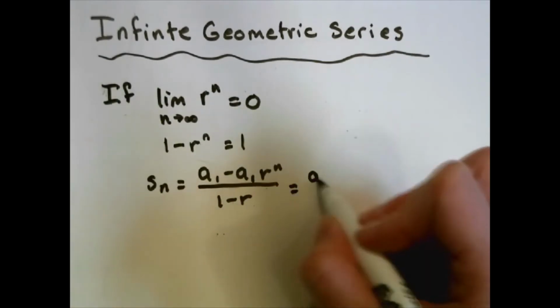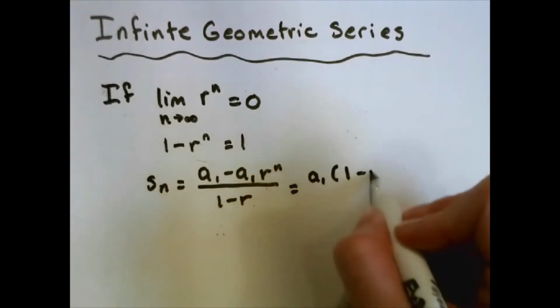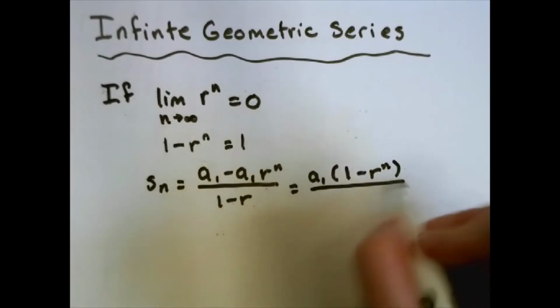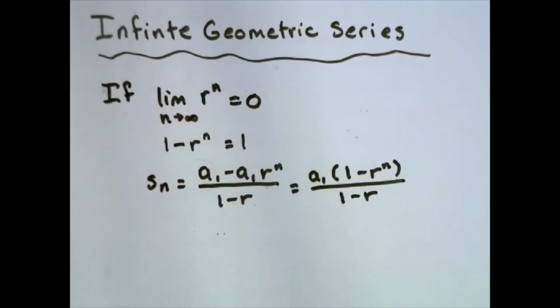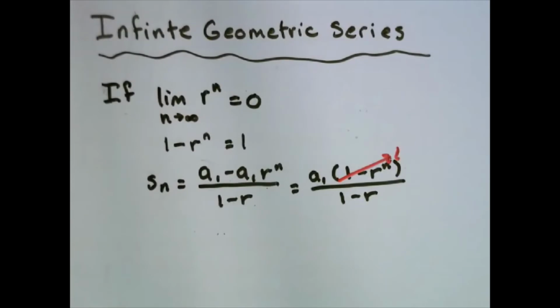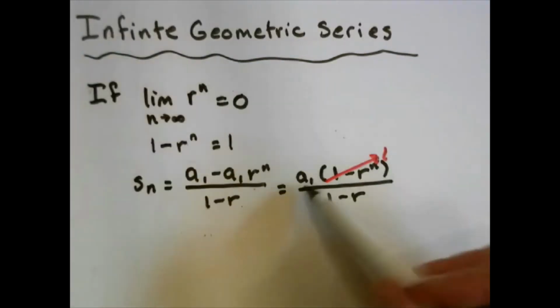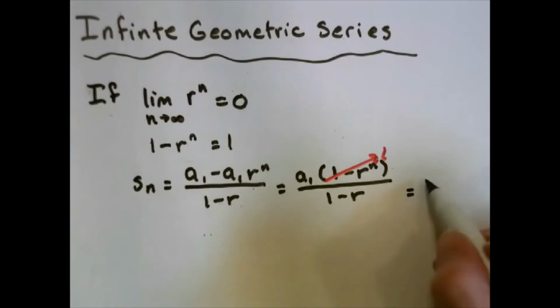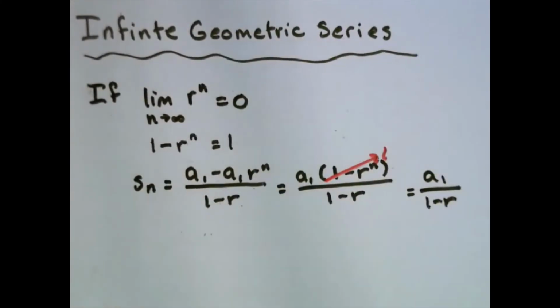This is equal to a1 times 1 minus r to the n over 1 minus r. Well, this piece here, 1 minus r to the n, is equal to 1. So all we're left with is a1 times 1 over 1 minus r, or a1 over 1 minus r. So the sum of an infinite geometric series is this formula here, because this piece, if certain conditions are met, is always going to equal 1.